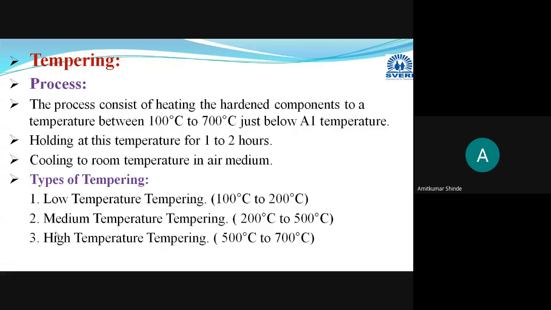Then in the second change, whichever retained austenite is there, it will get transformed to bainite, or it will get transformed to martensite. Okay, here the transformation will be like this.